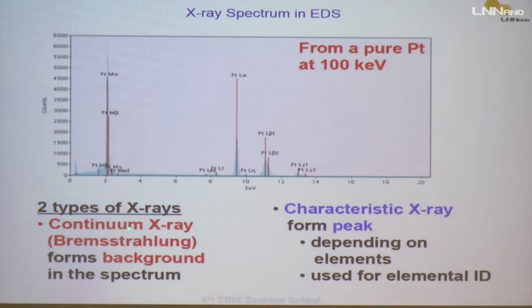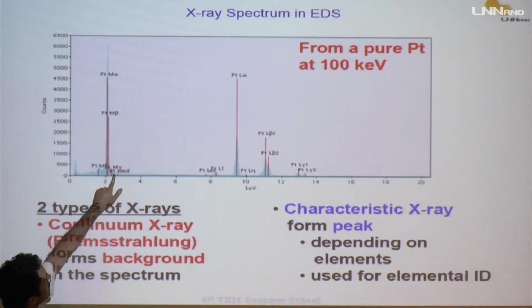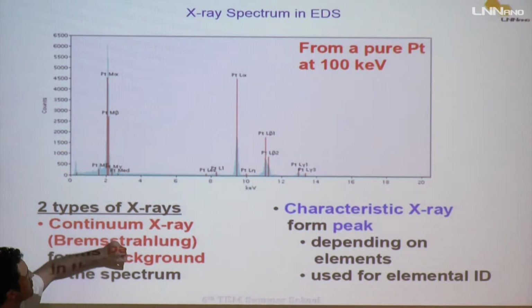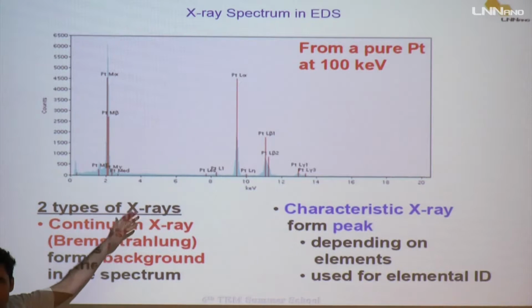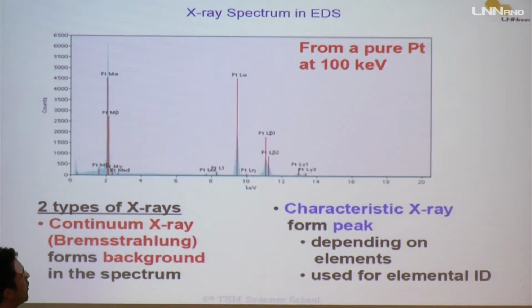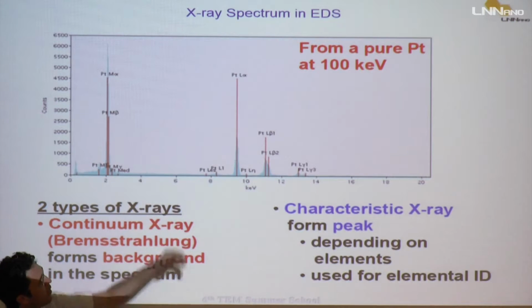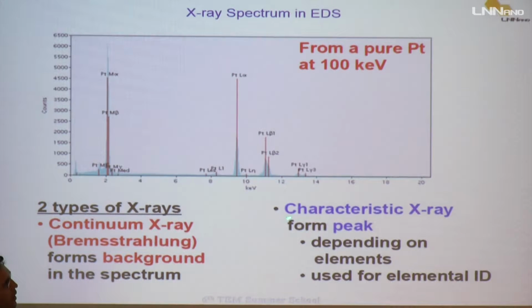Okay, we have the continuum X-rays, the bremsstrahlung, as we call it, which forms the background in the spectrum. Which background? The background is the noise that is superimposed on the peaks of the elements. Okay?